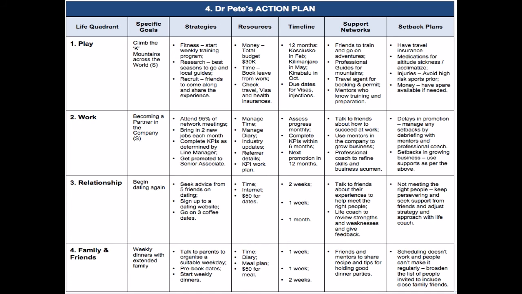Resources, there were significant amounts of money that needed to be raised, time off work, and a lot of things I had to understand about travel, visas and restrictions and permits. Timelines were critical, and you can see some of the summer season, winter season variations for each mountain, and support networks and setback plans. There was a lot of detail there.